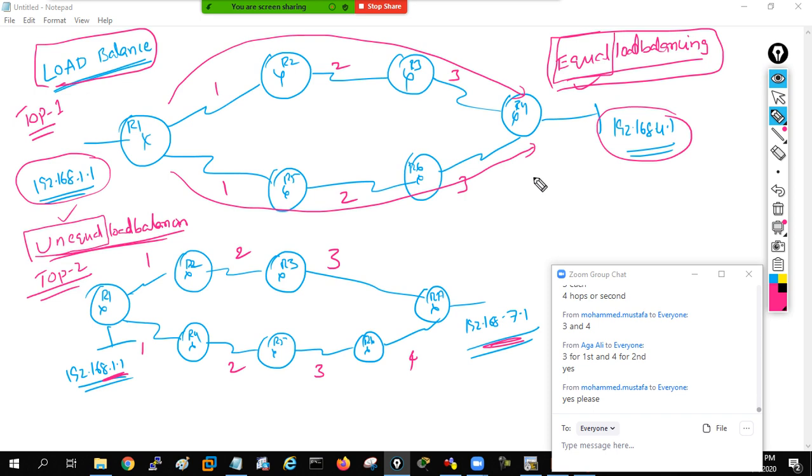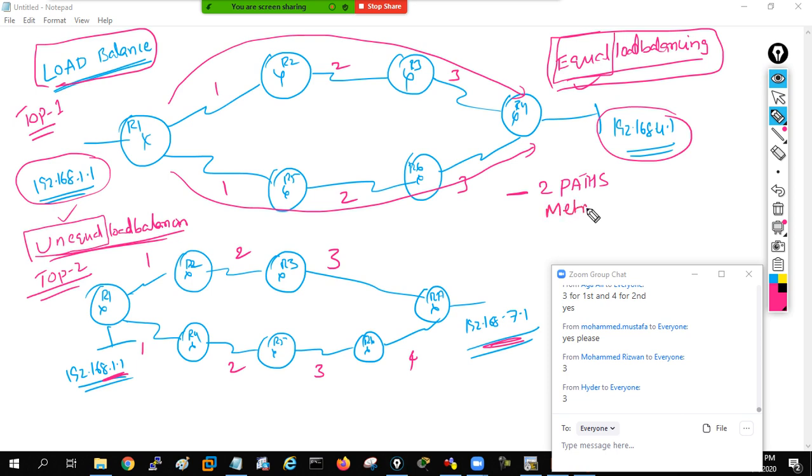I will write it for you. We'll go one by one, no need to hurry. Two paths, right? What is the metric for the first path? 3. What is the metric for the second path? 3, right? So here the metric is the same for both.